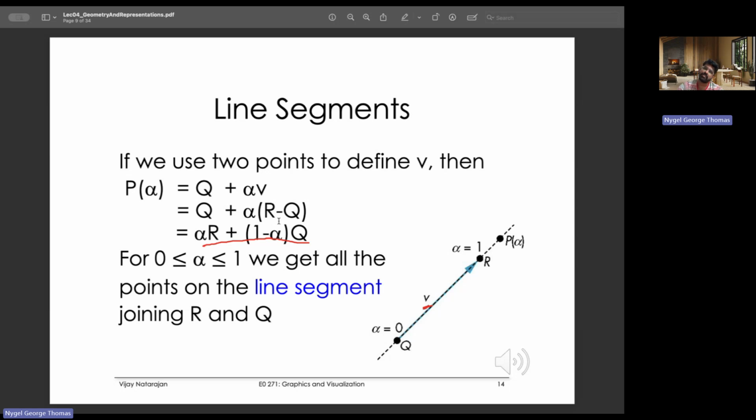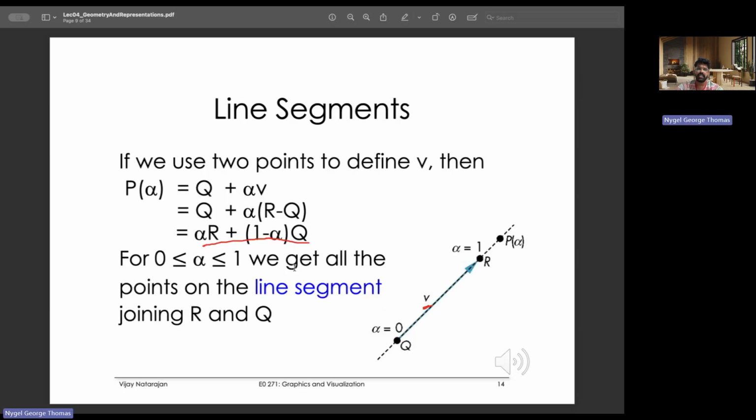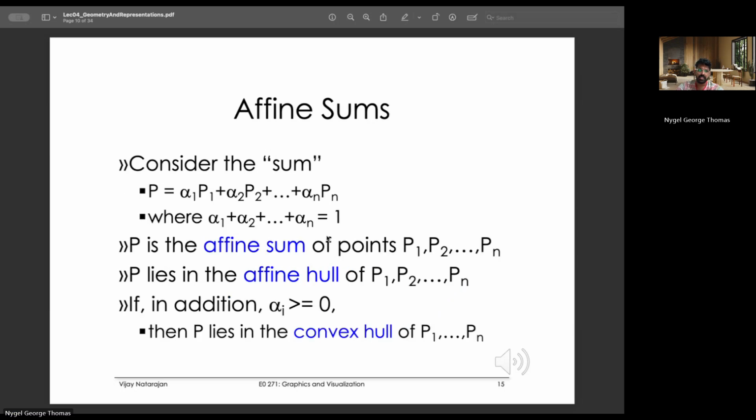Note, P of alpha is equal to alpha times R plus 1 minus alpha times Q, where R and Q are the 2 ends of the line segment. We've represented the points on a line segment as a sum of 2 points.